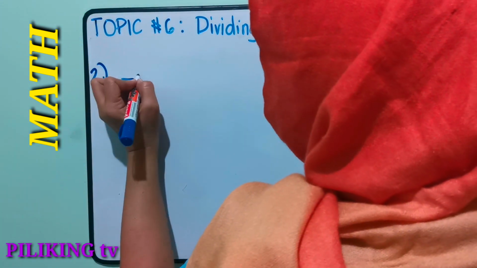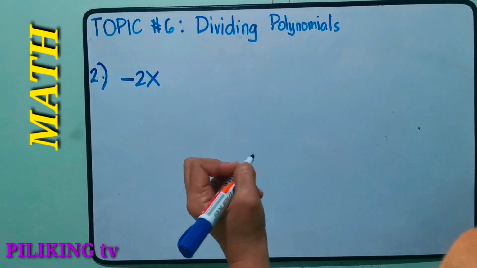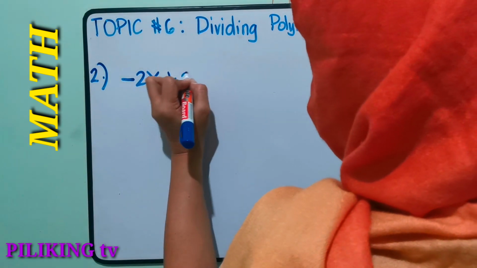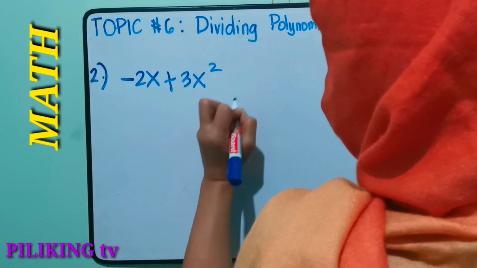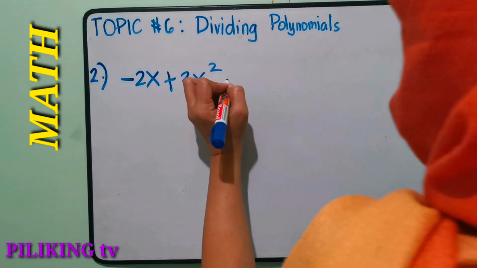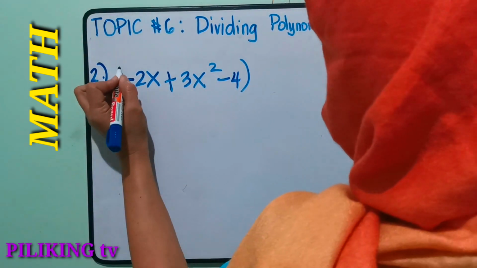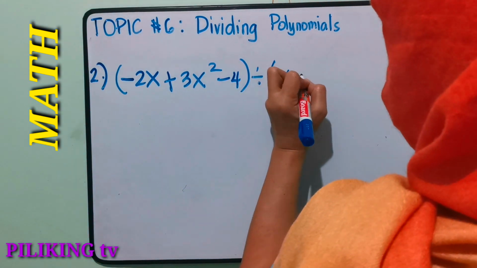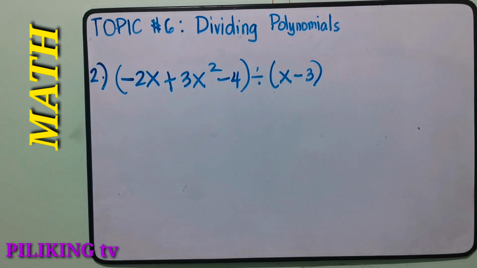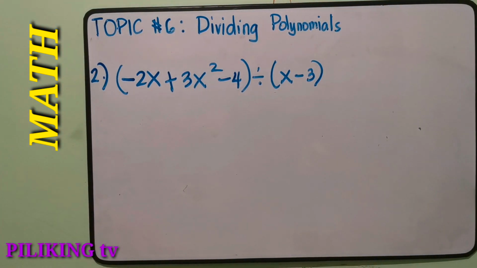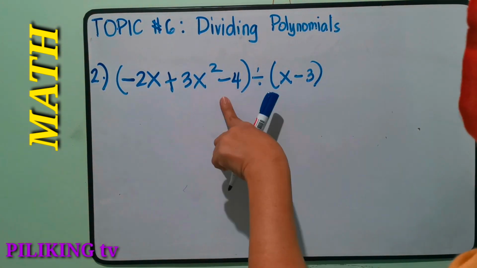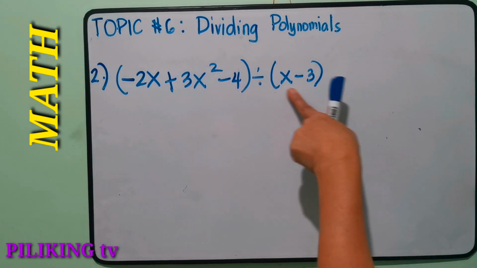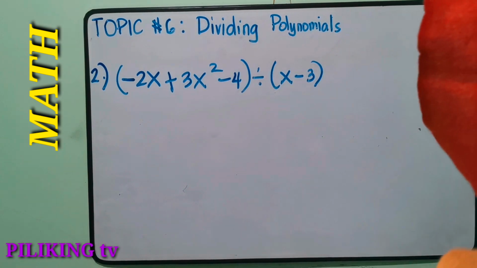We have 3x squared minus 2x minus 4. Then you're going to divide it by the quantity of x minus 3. So what is our first step in dividing a polynomial by a binomial? This is a binomial since it consists of two terms.